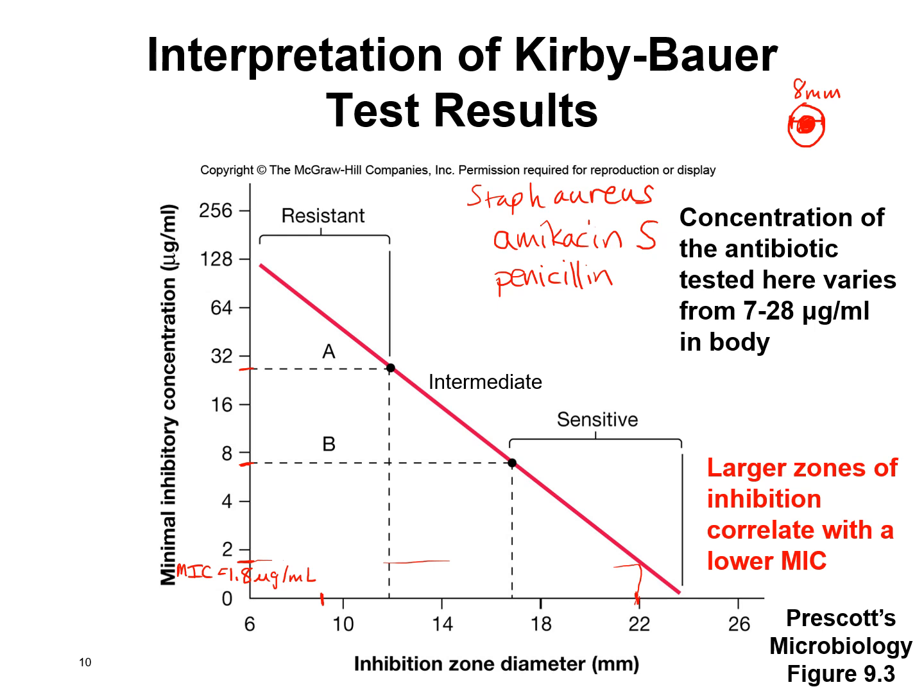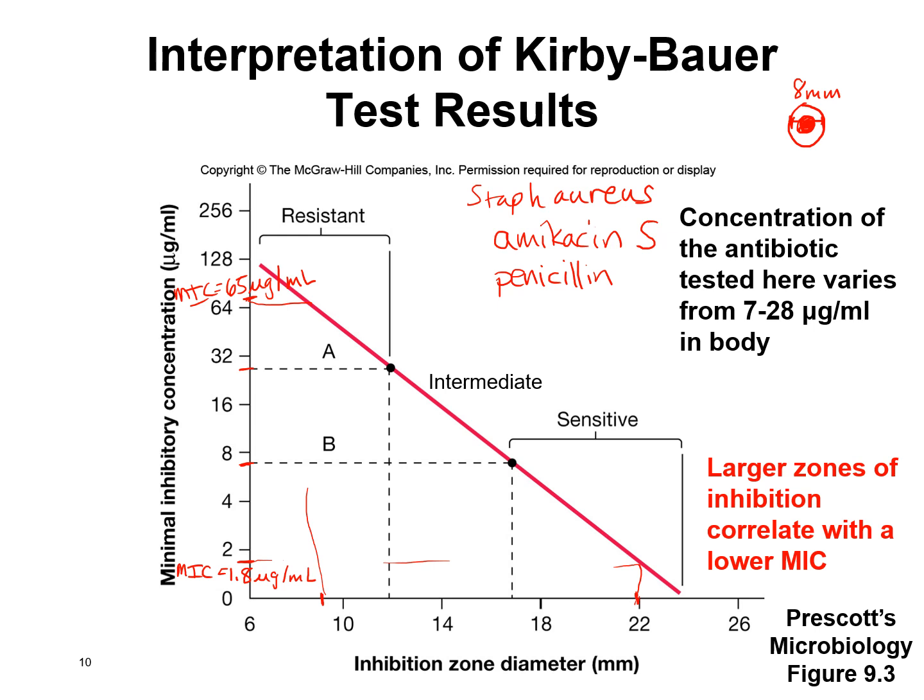So if we have 8 millimeters as our zone of inhibition, and we go up here and come over, then our MIC for the penicillin is about 65 micrograms per mil. And we know that when we give penicillin, we're only going to be between 7 to 28 micrograms per mil in the doses that we normally give patients.